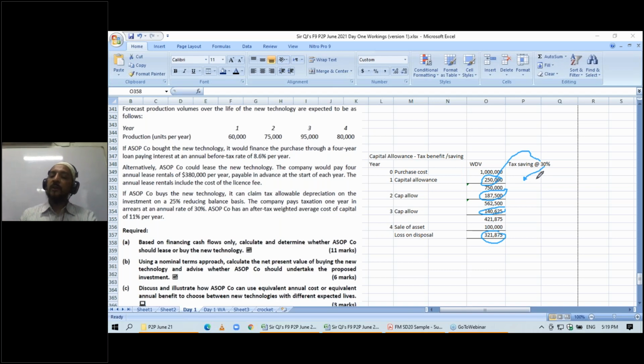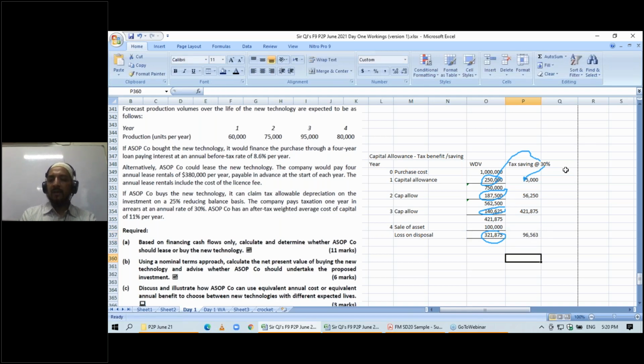Because your income will reduce by these amounts, but the tax rate is 30%, so you will save 30% on it. So let's calculate 30% on it. Please take your calculators in your hand. So these are the tax savings on capital allowances.